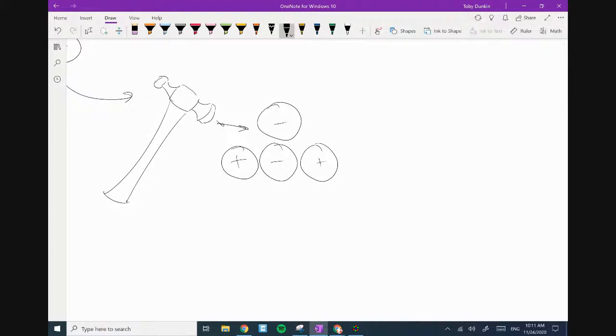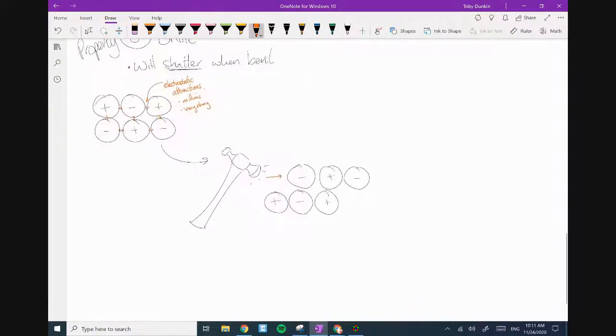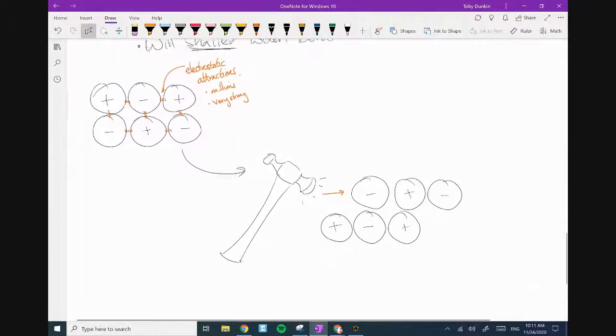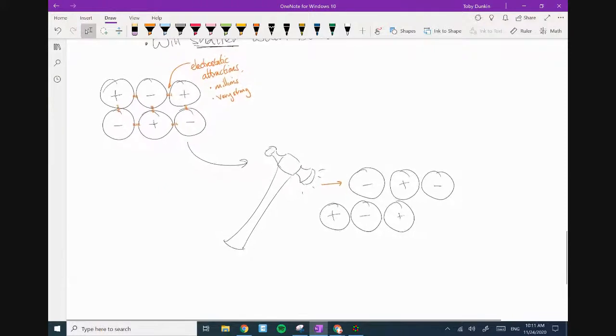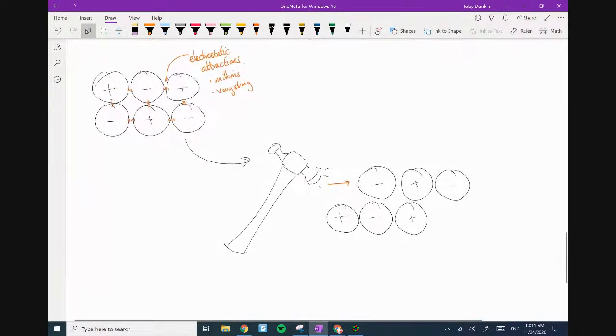You can see what it looked like originally. I've hit it and shoved it that way. Notice the original diagram. Notice the new diagram. Now, this is a big problem because look what happens to the forces.